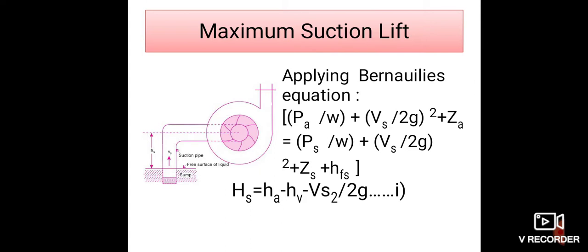If you neglect all these terms, Ps by w is nothing but Hs. We directly convert into head by using the hydrostatic law. So Hs is equal to Ha minus Hv minus Vs square by twice g. So we get this equation number 1.